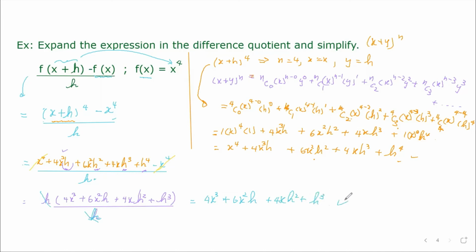So this is the final answer, okay, for this example. You watch and see again and again, step by step, and I think you will get it. Okay, we go to the next example.